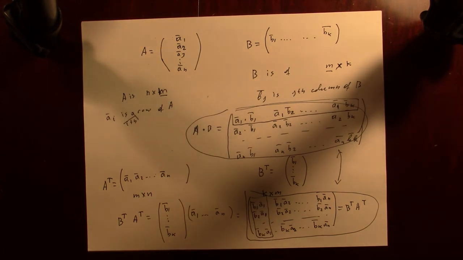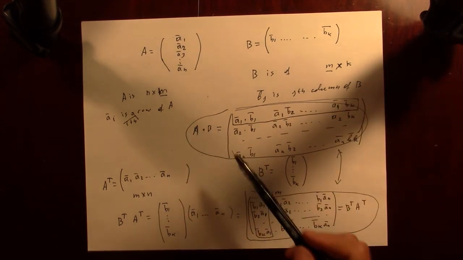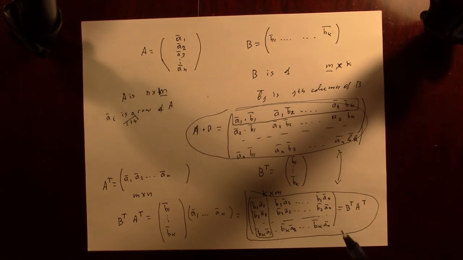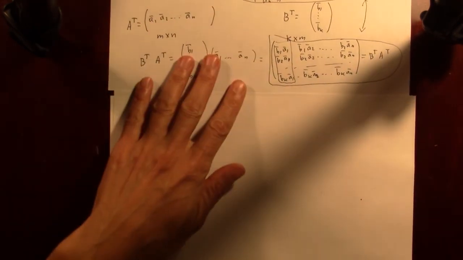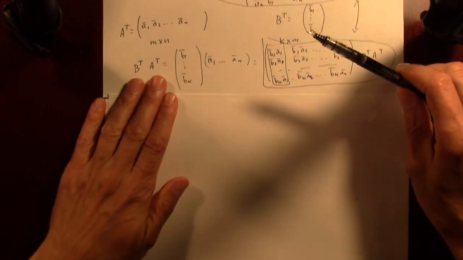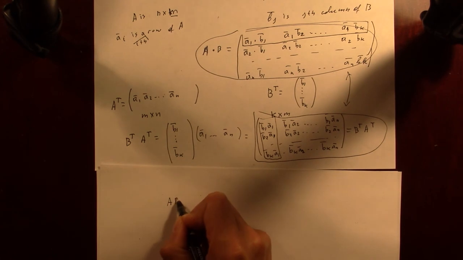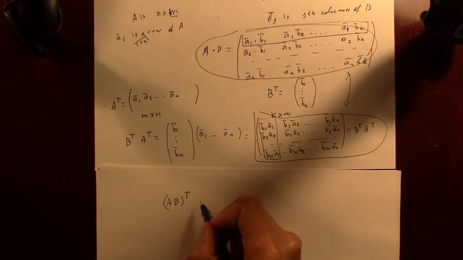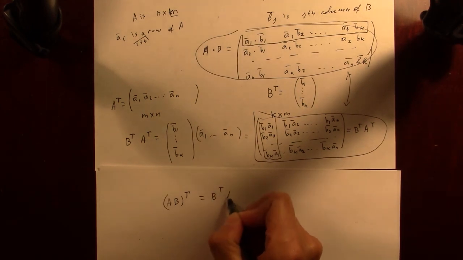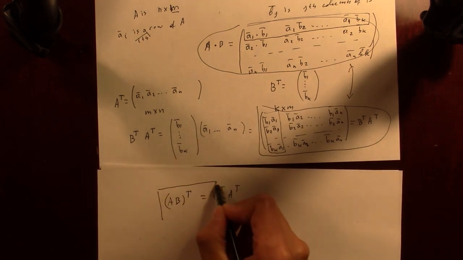So what that means is, if I switch rows to columns in this product, I'll get this matrix. If I want to put that in writing, by saying I switch rows to columns, I'm writing I do transpose, and if I do that, I'm going to get B transpose times A transpose. That's an interesting formula, which we will be using at some point down the road.